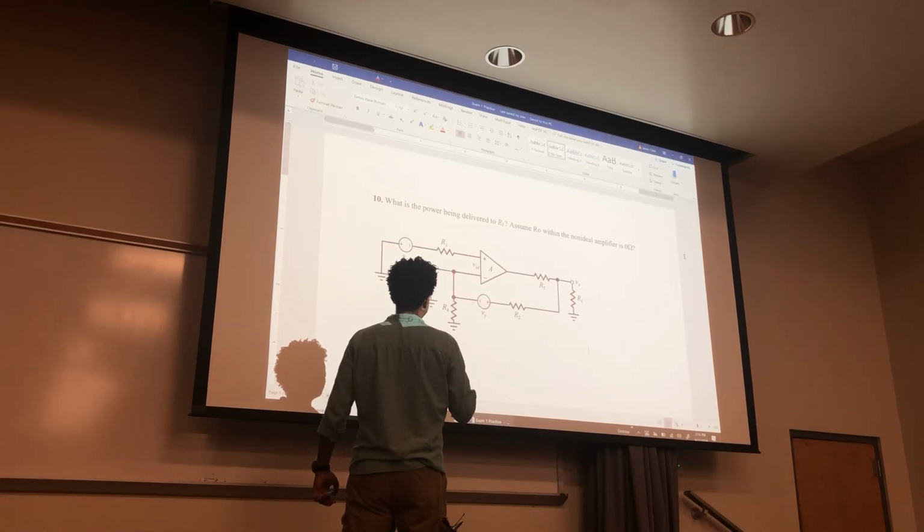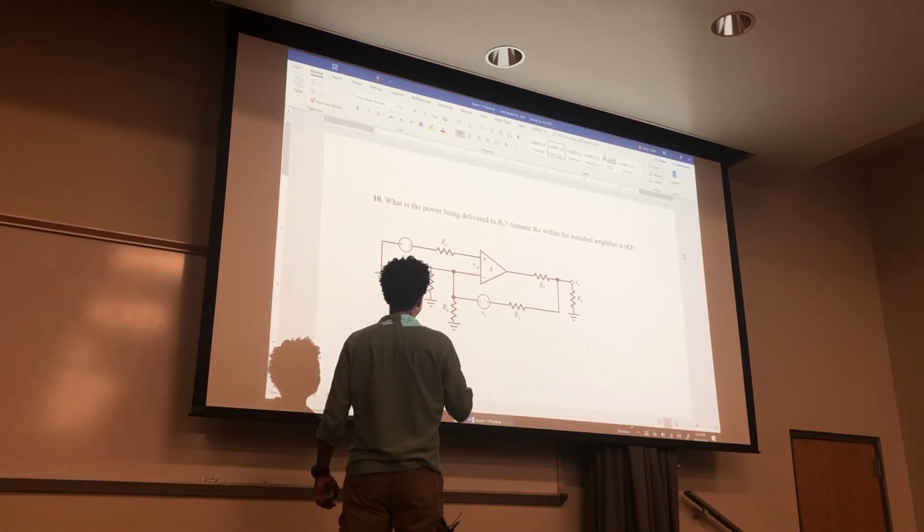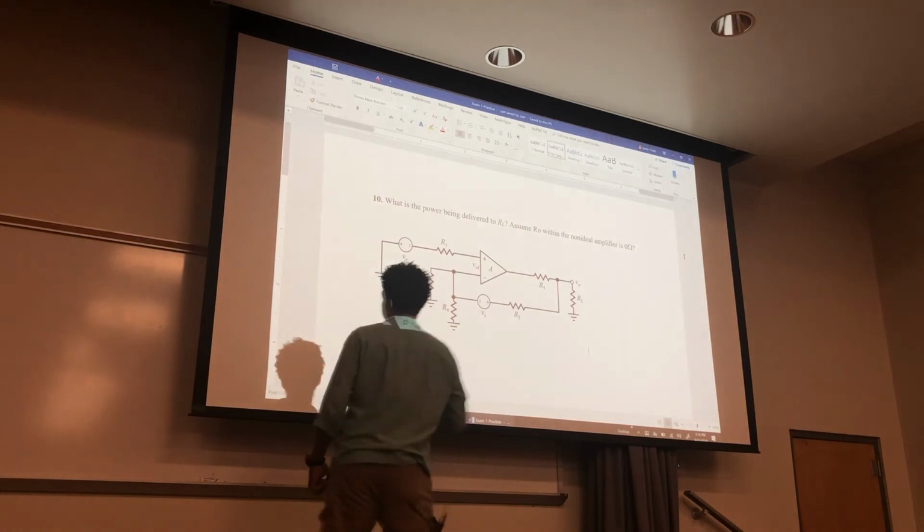So this voltage right here is whatever this is plus some Vy. That voltage right here is like this minus VID going from here to here. And that voltage right here is this minus Vx.